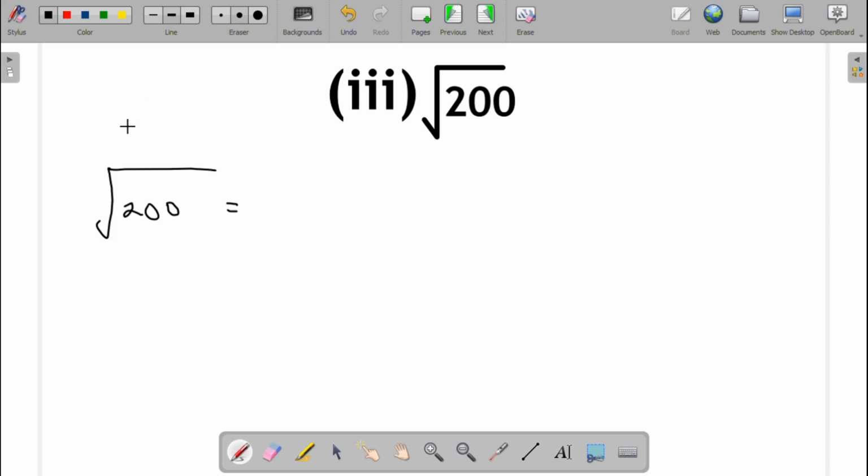Now, if you think of 4 times 2, 4 is a perfect square number. Now, 4 times 2 is equal to 8. Now, 8 times 5 will give us 200, right?